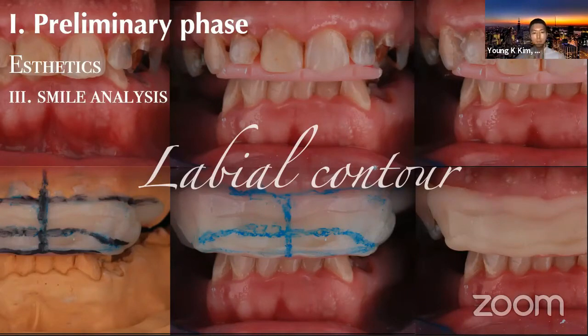Once we have that established vertical, it's quite amazing, if you have those cases, you can try it out yourself, to see how the lip dynamic changes with the different levels of vertical dimension, different skeletal classifications, or the thickness of the buccal contouring. It affects the millimeter distance of the smile. It gives us a micro fine tuning of the patient's smile with all those changing dynamics.